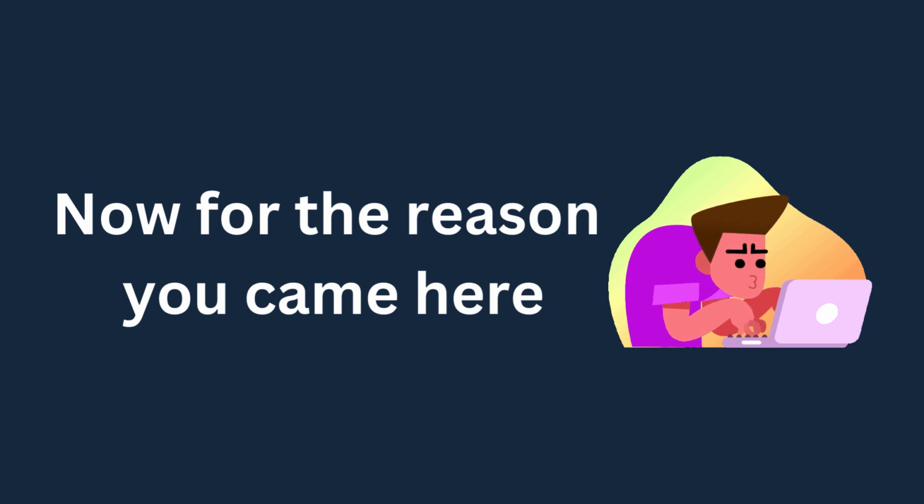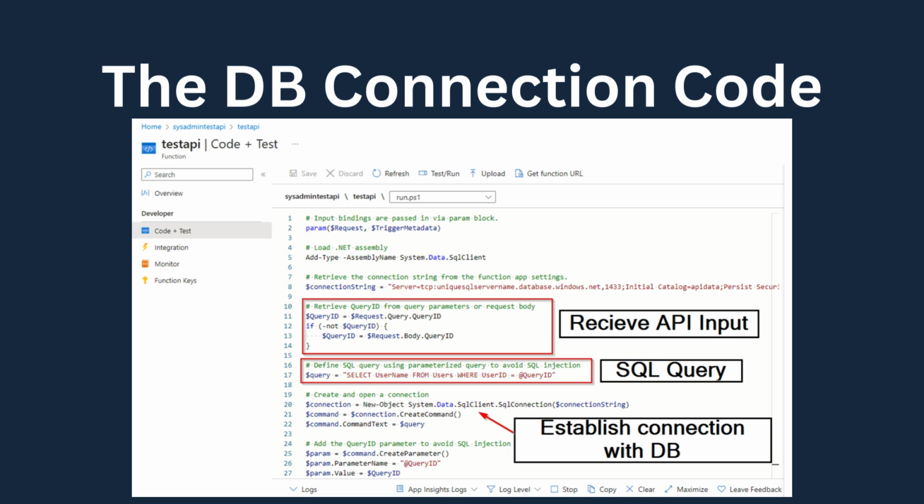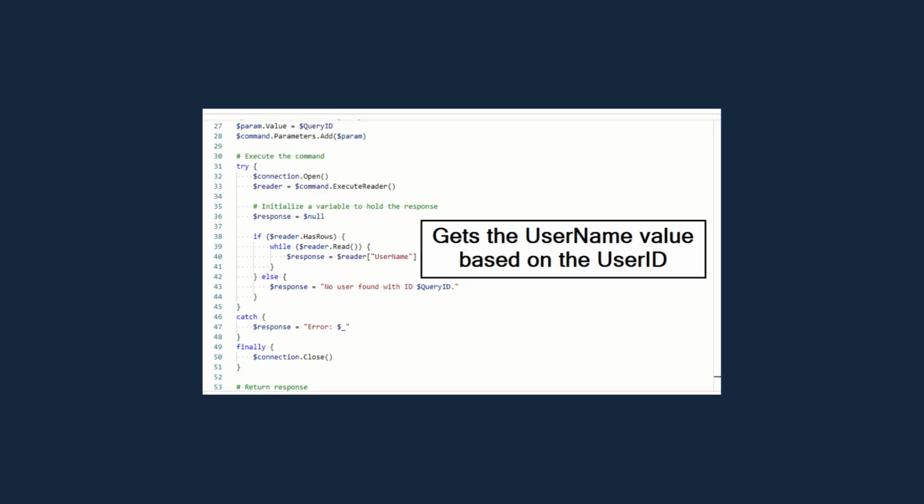Finally, we can get to the Azure Functions code. To start adding code to your function, open your function from the resource group and under the Functions tab, click your created function. In the Code and Test section, you can see the code to capture the JSON input from the API call, the SQL query that will query the data, and the database connection code. If the results returned any rows, it will get the value of the username column.